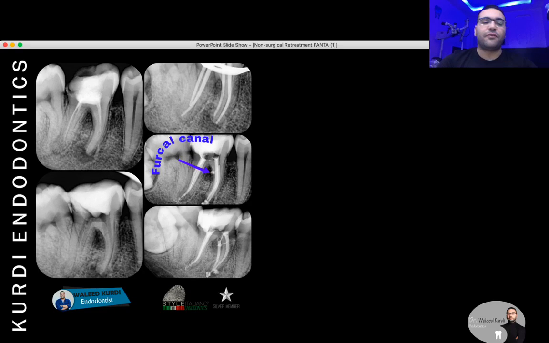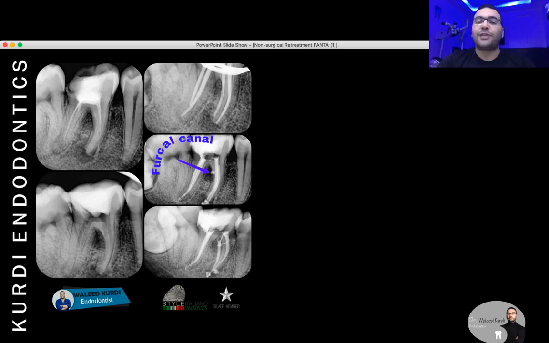It's time for cases. Here you can see a lower first molar, bad coronal seal, bad obturation, short obturation, big periapical lesion. So I decided, as we said in the lecture, we make the clinical assessment, we made our radiographic assessment, and then I decided to do non-surgical retreatment.